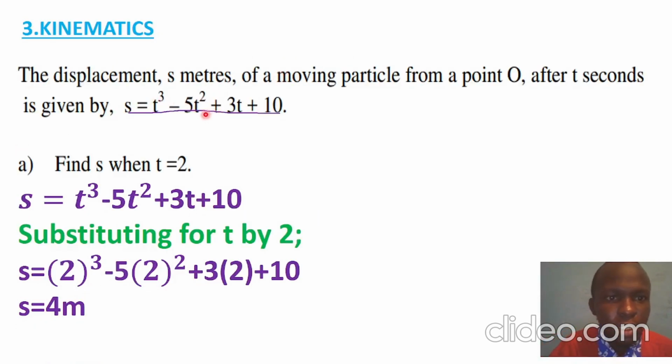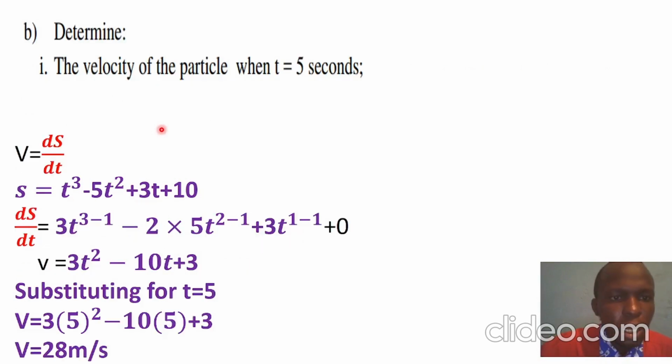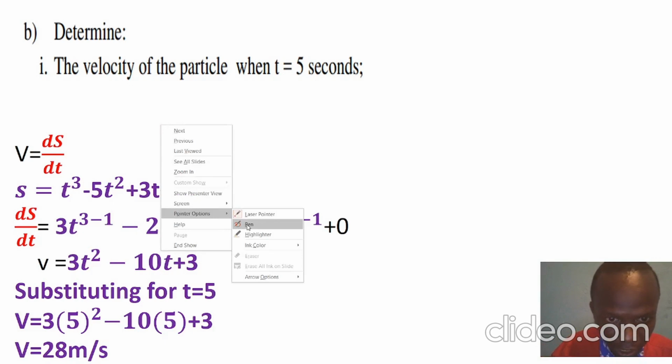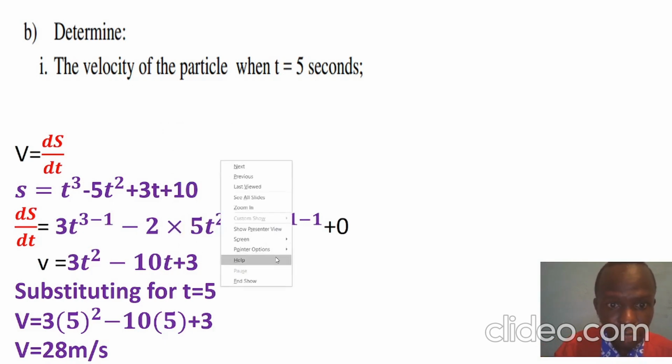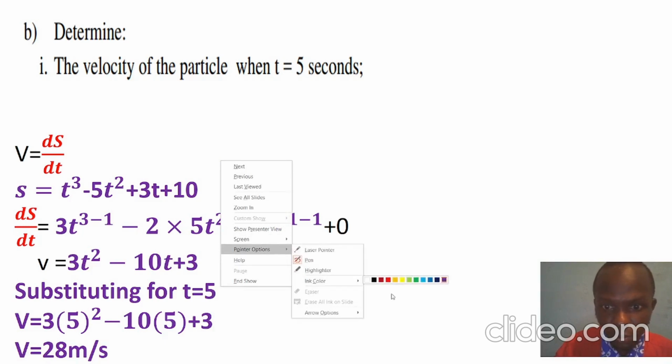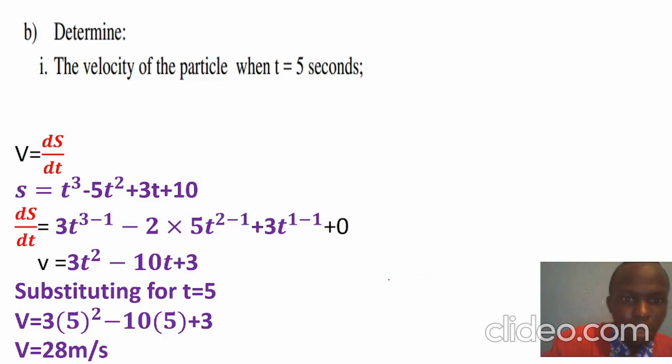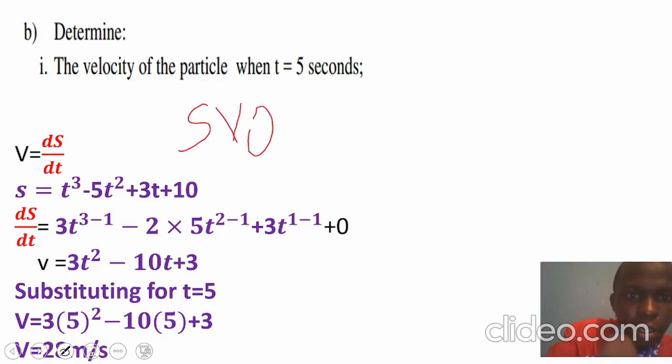This is our gradient, this is our function. We need to know this. And maybe I can try to highlight something here. Let me use red, my best color. SVA is a key that I normally use.